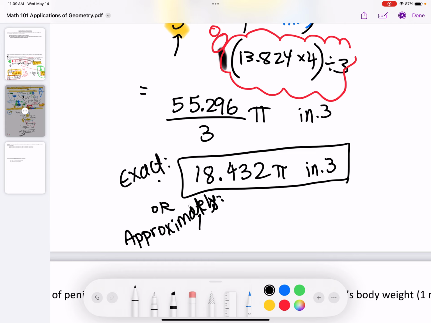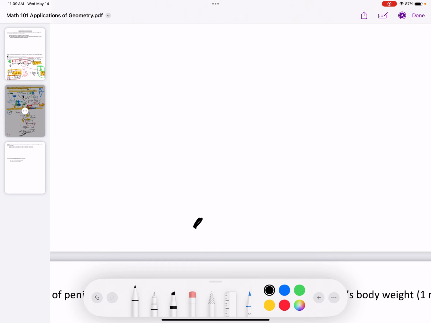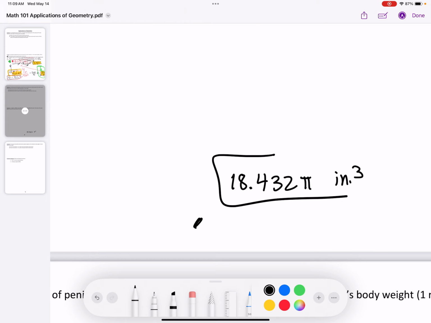Oh, geez, again. Oh, well. Sorry about that. But we can rewind the video, I guess. It was 18.432 pi cubic inches. That was a good answer for exact, but for approximate, I can replace the pi with 3.14.